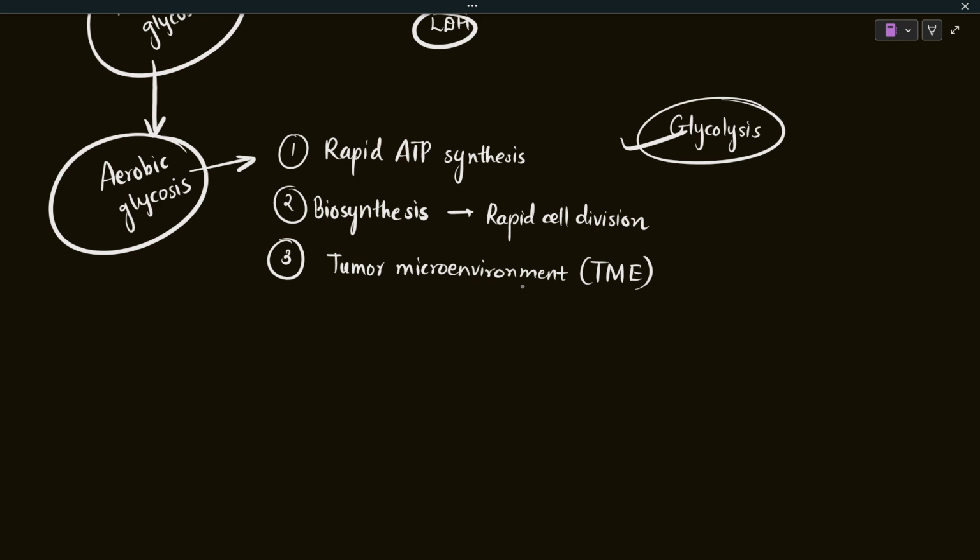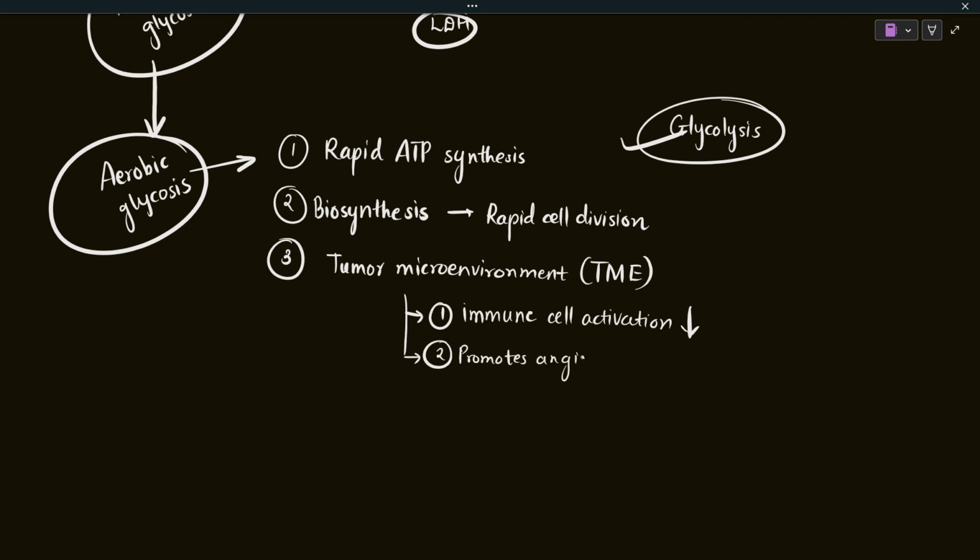What happens is that immune cell activation will be suppressed, which leads to T cell dysfunction and macrophage polarization. So the lactate accumulation will promote immune cell suppression. Then it also promotes angiogenesis.